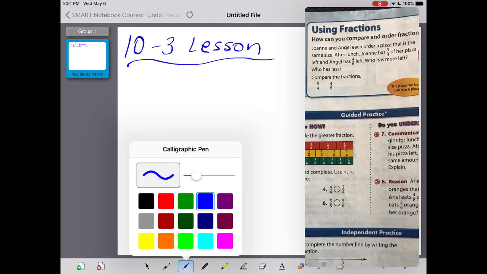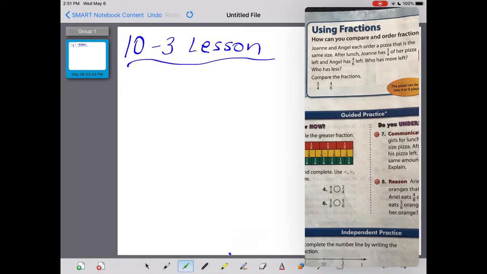We are comparing 3/4. Okay, let's take a look at that. So we have 3/4 to 4/6. And the question is, we'll answer the first question, who has more left of their pizza?